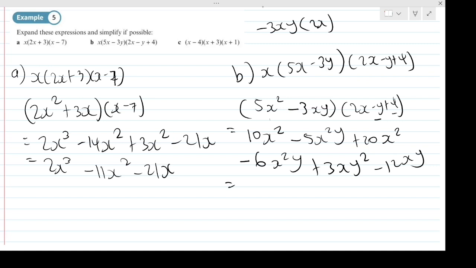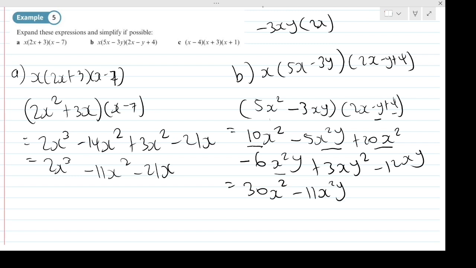So firstly, we have an x squared term here. So 10x squared, and then we have a 20x squared here. That's going to give us 30x squared, right? Then we have an x squared y term here and here. So minus 5x squared y minus 6x squared y is minus 11x squared y.